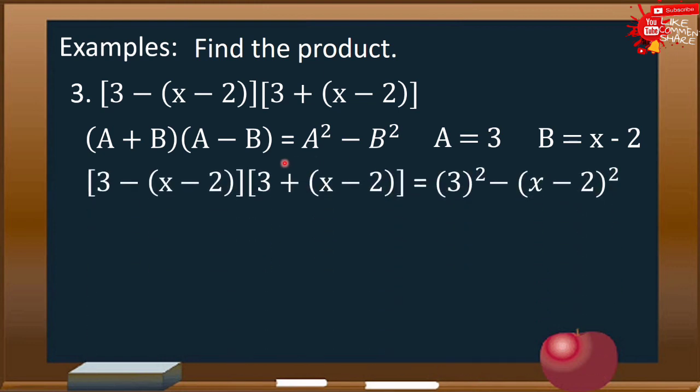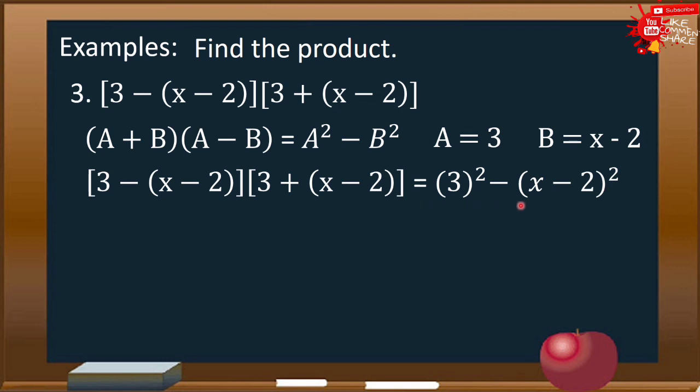So since ito naman ay parehas dito, kokopyahin na lang natin siya, then equal, dito na tayo magsa-substitute. Kung ang a natin ay 3, papalitan lang natin to ng 3, then we have squared, then minus, kung ang b natin ay x minus 2, papalitan lang natin si b ng x minus 2, then squared.